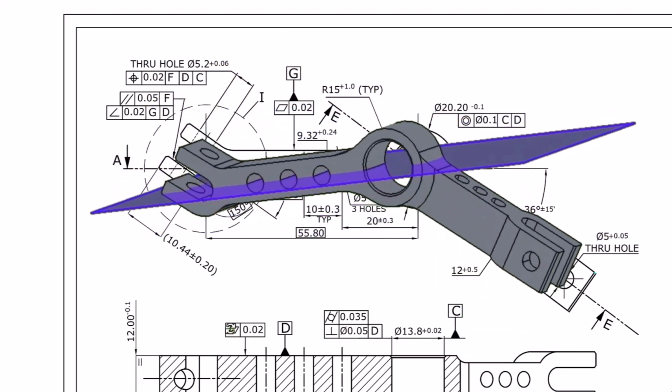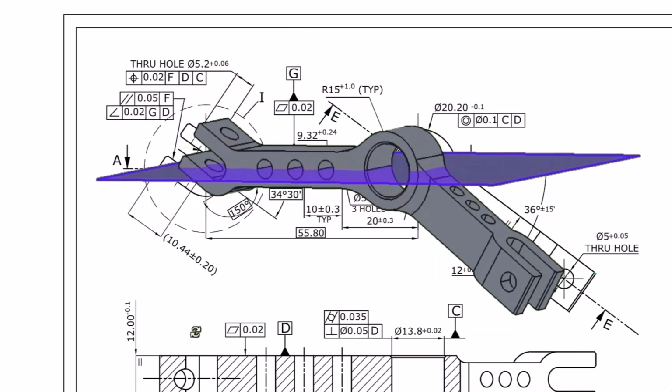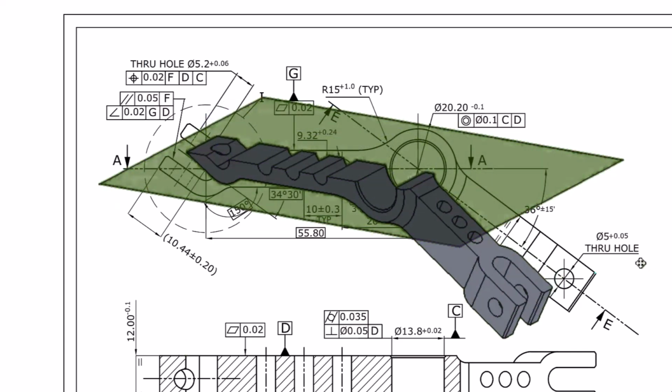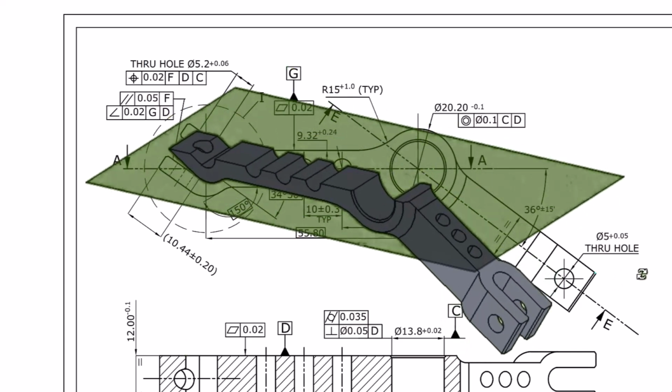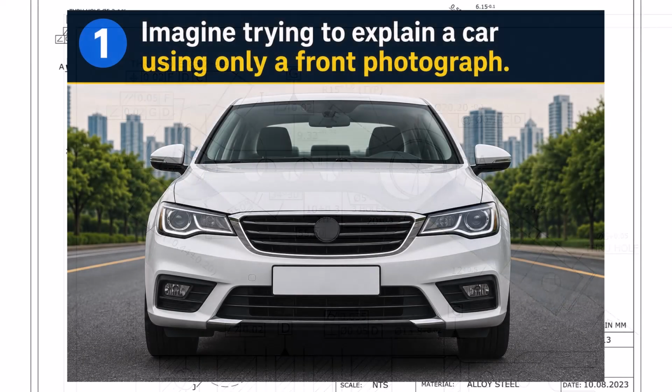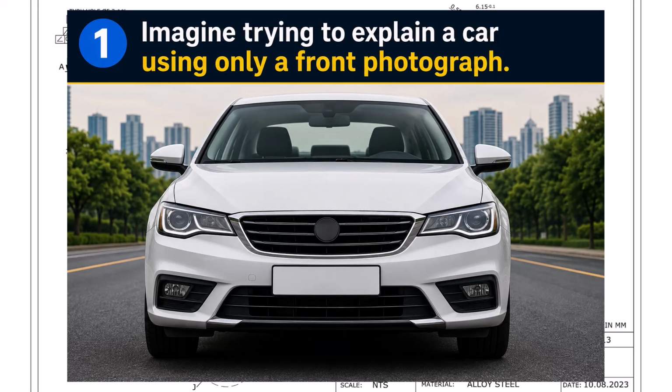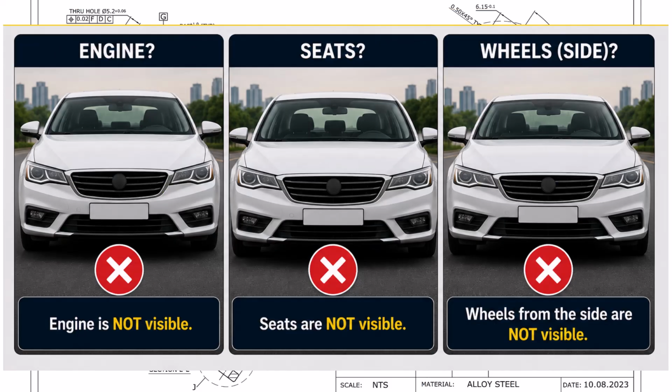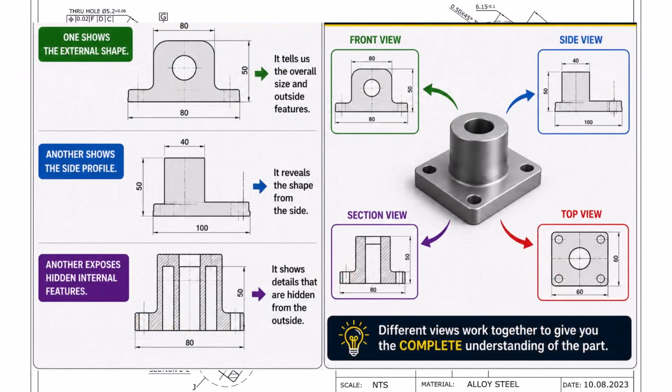Many students ask, why does one simple component need so many different views? Here's the answer. One view can never completely describe a three-dimensional object. Imagine trying to explain a car using only one front photograph. Can you see the engine, the seats, the wheels from the side? Of course not. Engineering drawing solves this problem by showing multiple views.